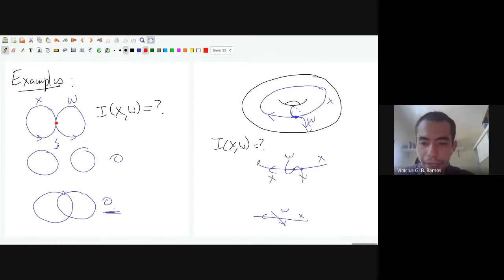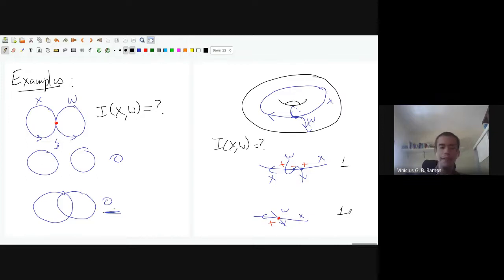And you can see that in this case, again, you're going to have just one intersection point, but now it's a transverse intersection, and you have a plus sign. And here, you get 3 transverse intersections. This one is plus, this one is minus, and this one is plus. So you see that the total intersection number is 1 in both cases.